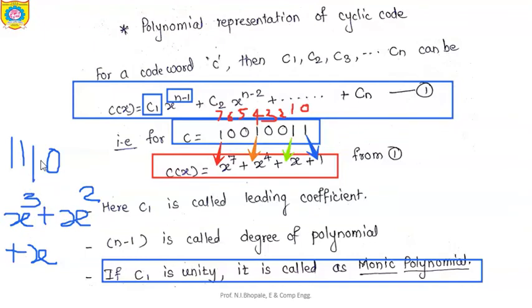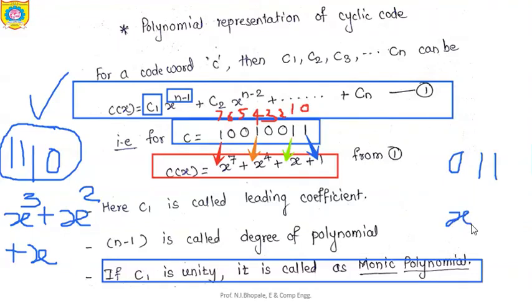So x cube plus x square plus x is the representation for 1110. Similarly, 011 can be represented as 0 into x raised to 2, 1 into x, plus lastly 1, so x plus 1 is the polynomial for 011. That is how to represent any code word as a polynomial, and the reverse also works.